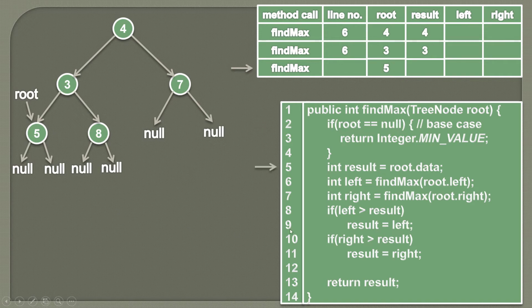And now we'll apply our algorithm recursively to this node. We will first store the root's data in the result, which is 5. And then we will again call the findMax method to simply calculate the maximum value of its left subtree. And we are leaving this findMax method at line number 6, so we'll simply store line number 6 here.